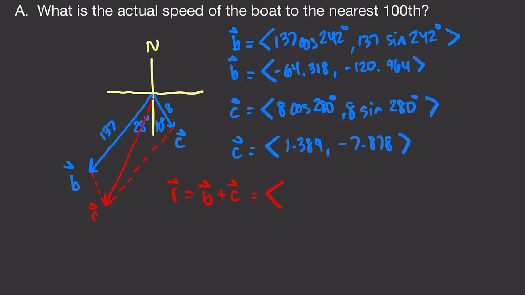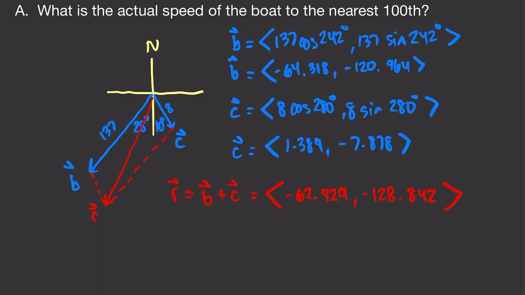In doing that, I got negative 62.929 and negative 128.842, which again makes sense. This is why it's important to draw your vector diagrams to scale, because I can see that this vector is in the third quadrant, so both the x and y should be negative.